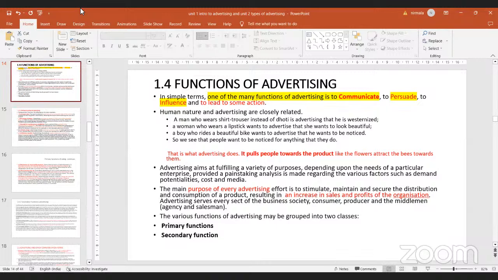But the advertisement cannot make the consumer buy the product. Many times consumers are misled by the advertisements, their content, the images portrayed, or the advantages shown in the advertisement.